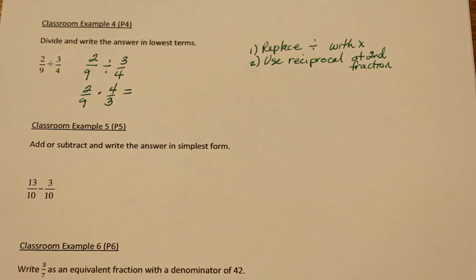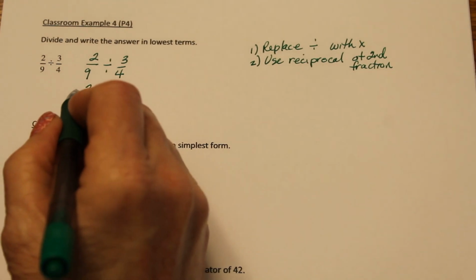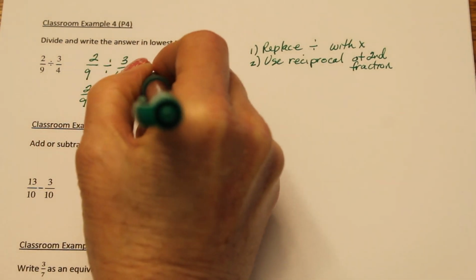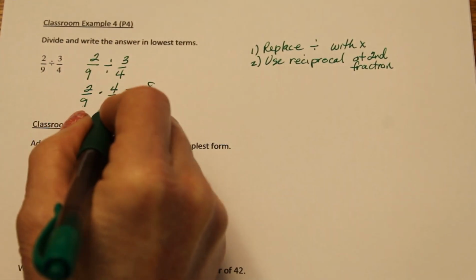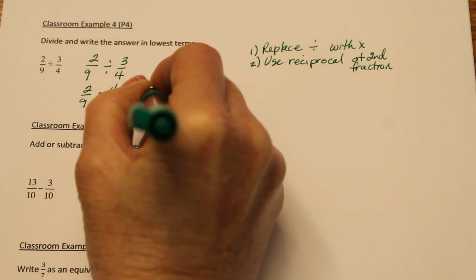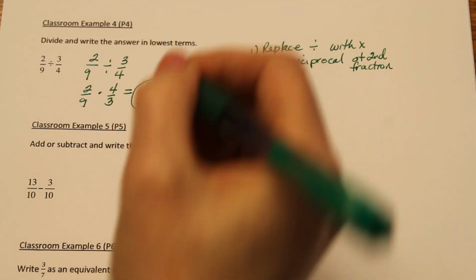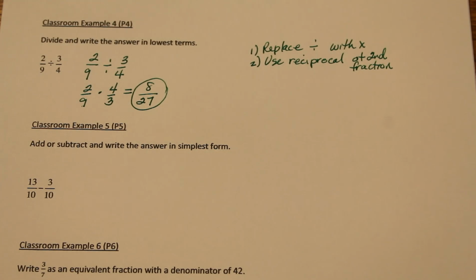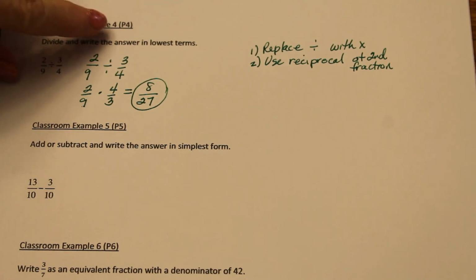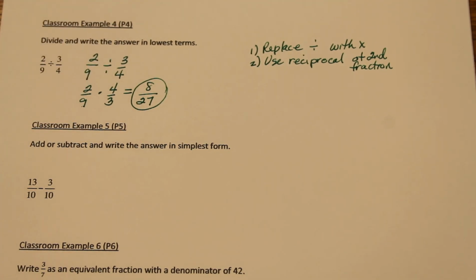And now it's a multiplication problem, and you multiply across. 2 times 4 is 8, and 3 times 9 is, or 9 times 3 is 27. So your answer is 8 over 27. So division problems become multiplication problems using the reciprocal of the second fraction. Why don't you go ahead and practice on practice 4.